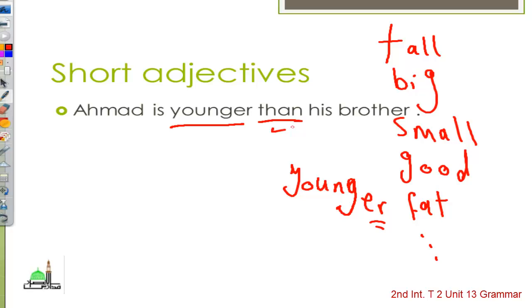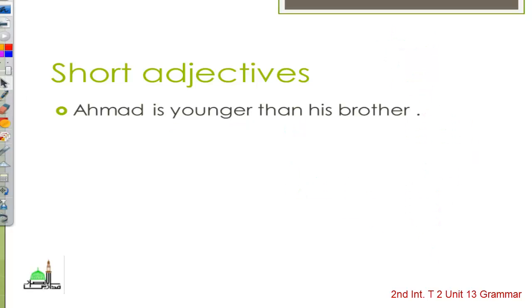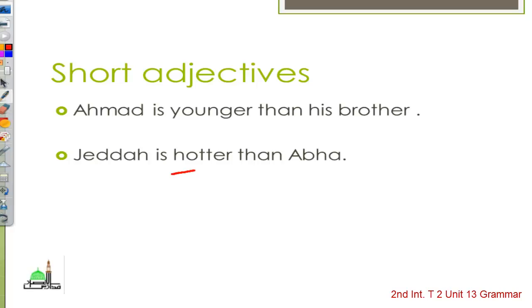Now look at another example. Jeddah is hotter than Abha. Again he used the adjective hot, and we used ER. After hotter, we need than, like the previous one, younger than.